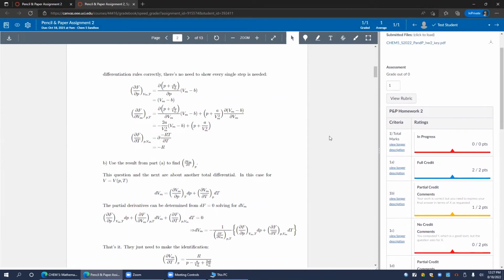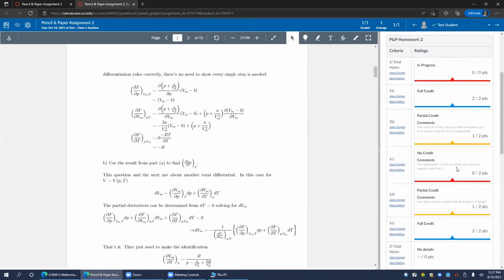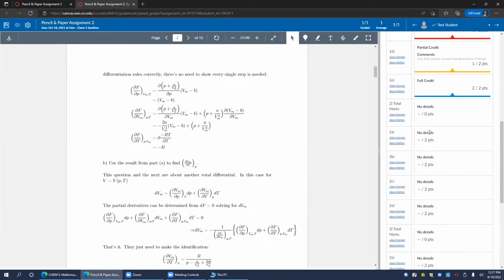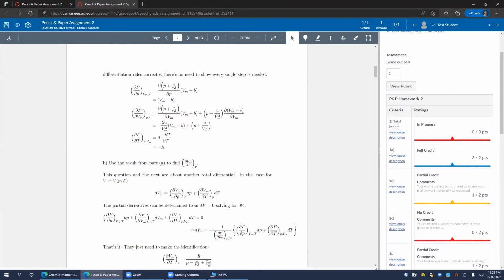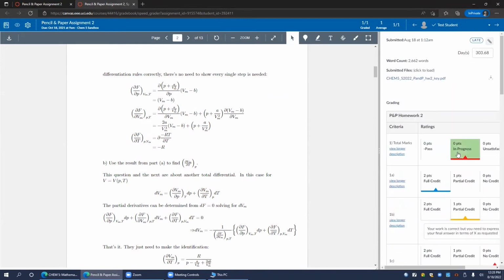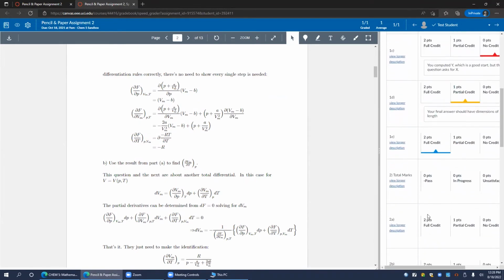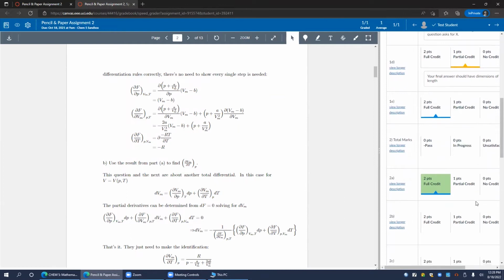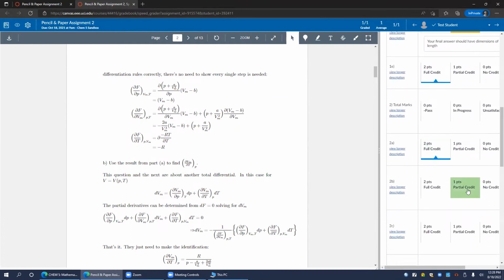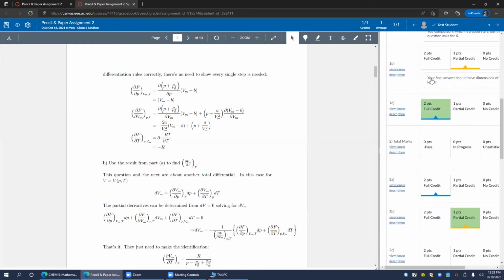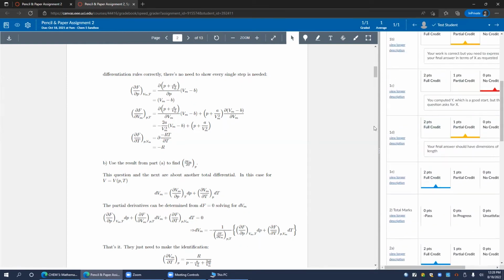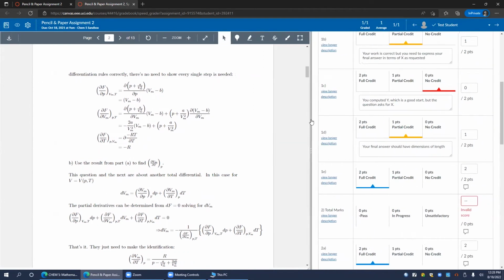If the problem looks good, then give it full credit, move on. If it doesn't, if it's partial credit, do so. And as you can see here, I won't do it live, but you just type something in the comments.